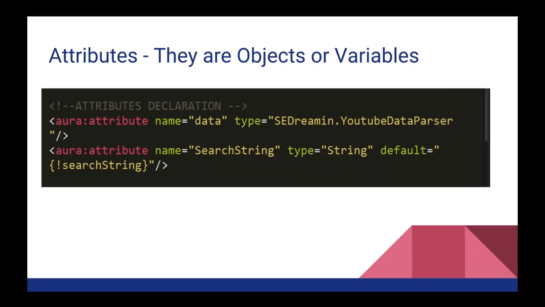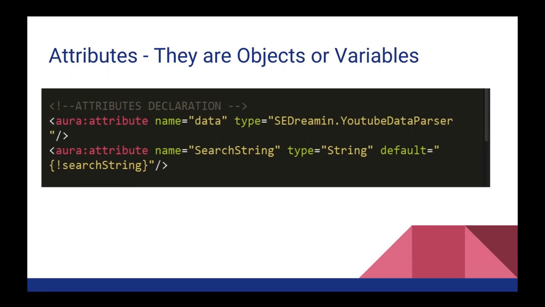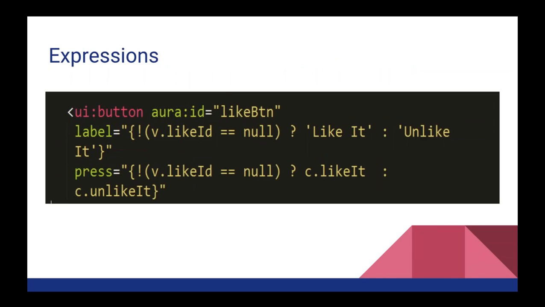You can declare them as any data type, like your own Apex wrapper data type if you're building an Apex wrapper, or an object type like account or your custom object type, just like how you build your classes or objects. You can also have primitive data types like string. So attributes are a variable holder, and you can reference an attribute as v dot, like v dot data, by the attribute name, and that should give you the data on your markup.